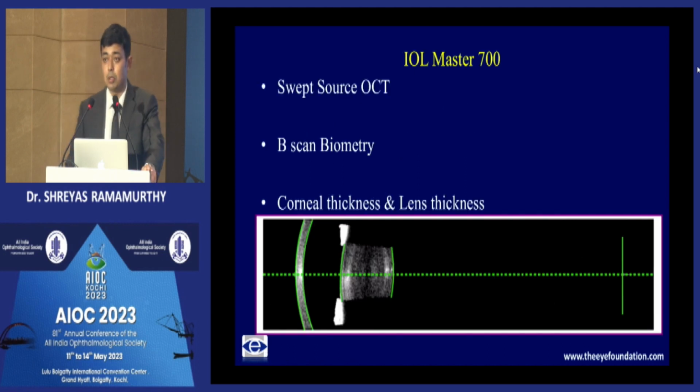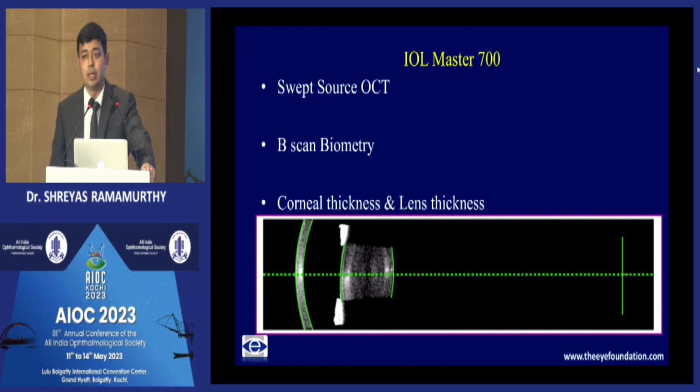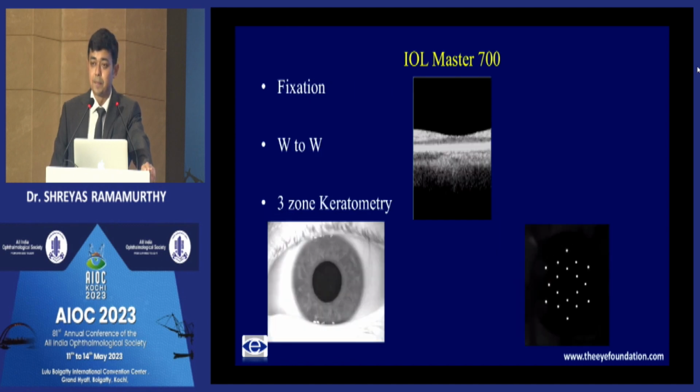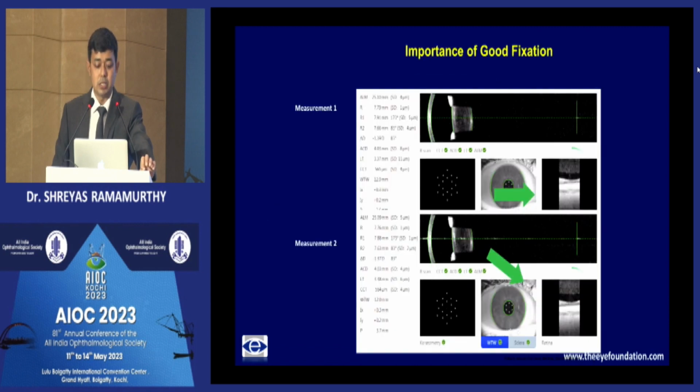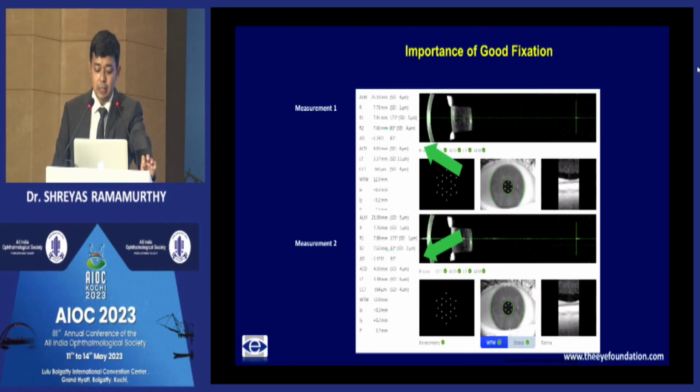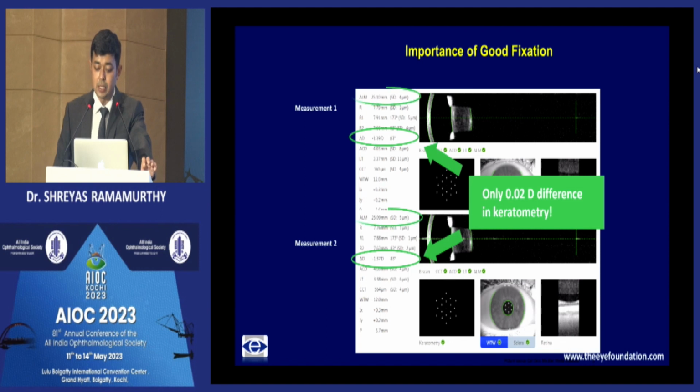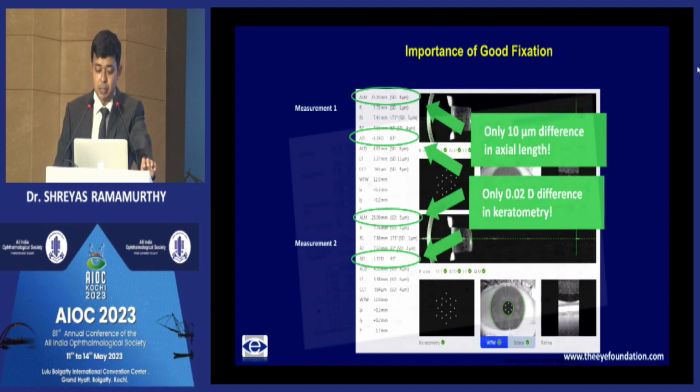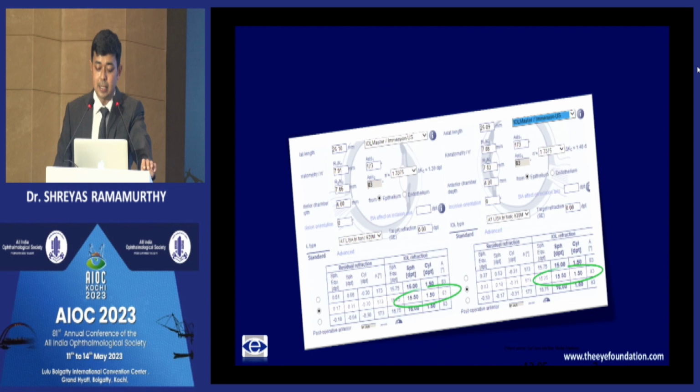The best part about the swept source OCT is that apart from just looking at the fixation, if you have a patient who's not as cooperative, here you can also image the foveal pit. This makes it even more accurate because you know for sure whether you're measuring at the right point. When the foveal pit is imaged properly and you have good fixation, you can see that the readings are extremely repeatable and the IOL power is exactly the same.